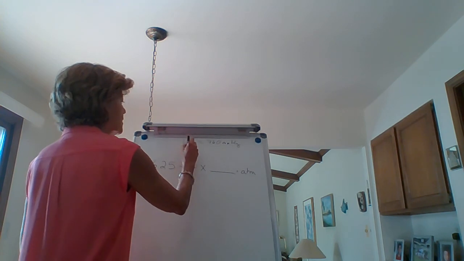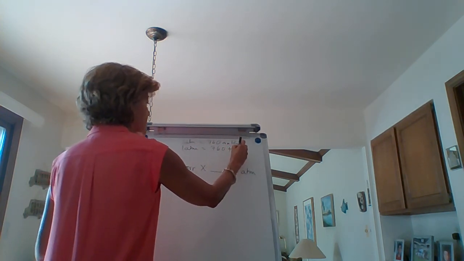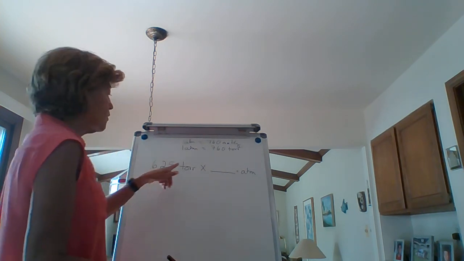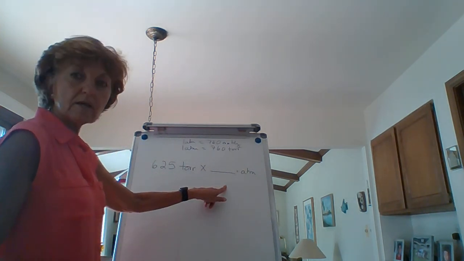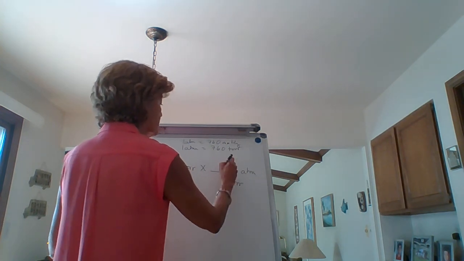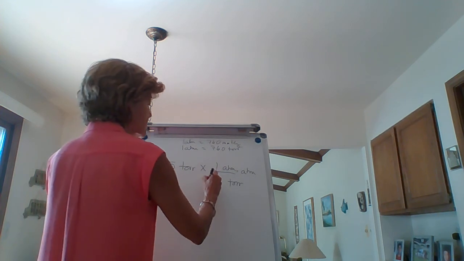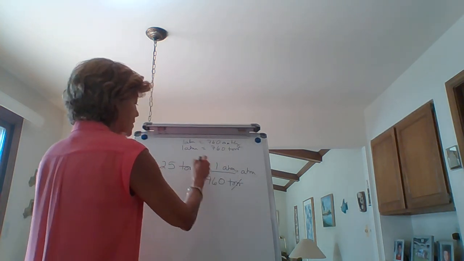We already know that 1 atmosphere is 760 torr. Since we have torr, we want to cancel torr, so you put that in the denominator, and then we'll put atmospheres over here. So 1 atmosphere, 760 torr. That way the torr cancels.